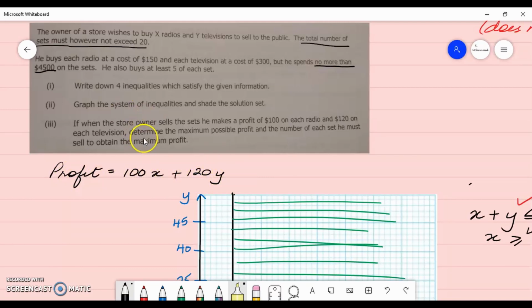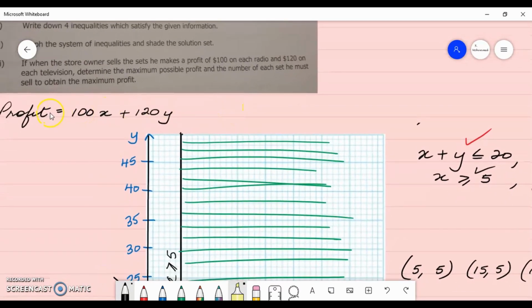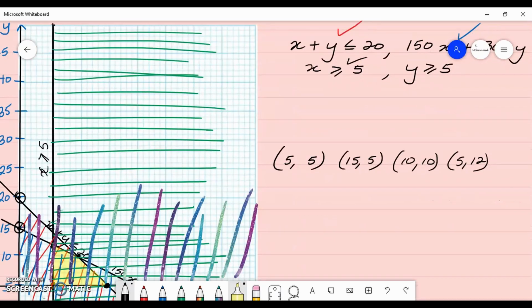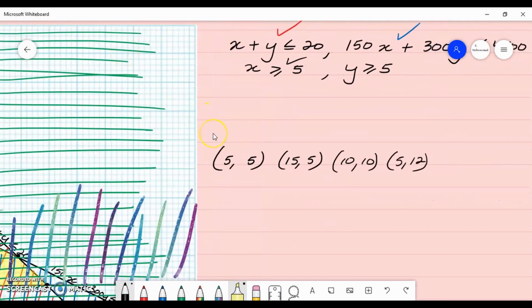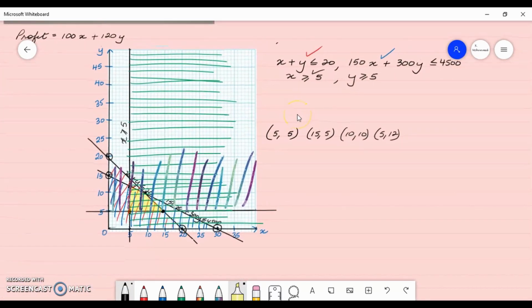We are asked to determine the maximum possible profit and the number of each set he must sell to obtain the maximum profit. So I'm just going to write that here: profit equals 100x plus 120y.